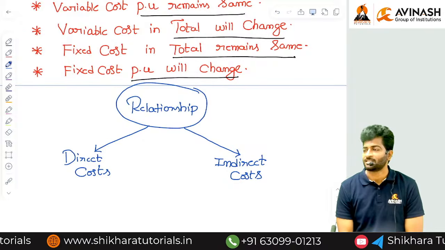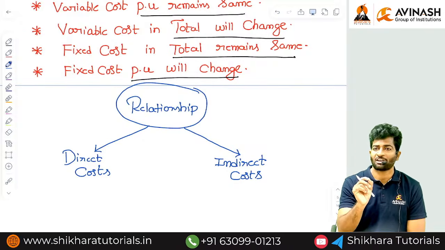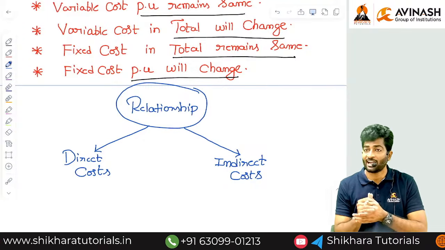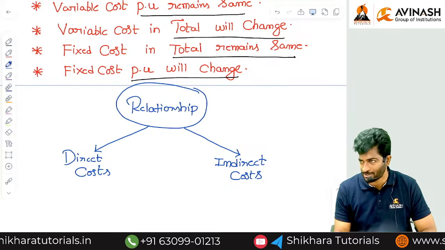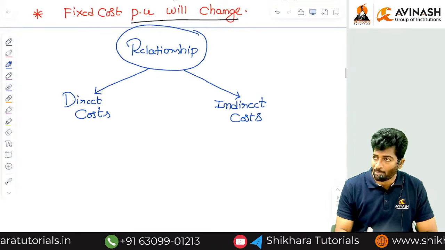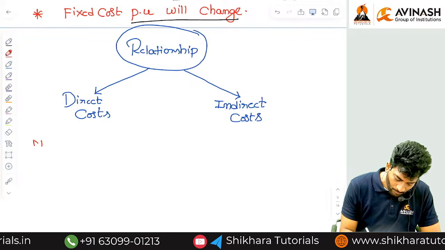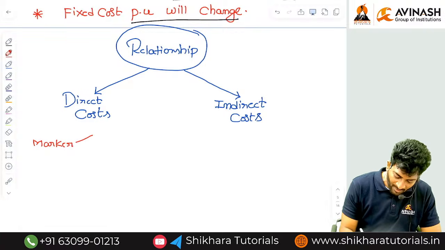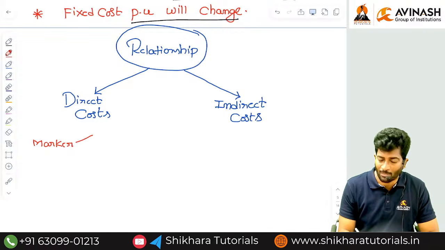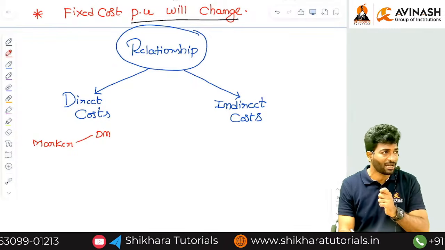Okay. See, expenses which can be directly traceable to manufacturing of a product, those expenses are directly linked to manufacturing of a product. Those expenses are direct expenses. In order to manufacture a marker, the plastic we are using in that marker is direct material, which is directly visible in that marker, right?